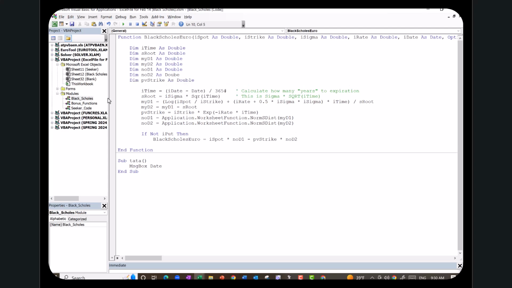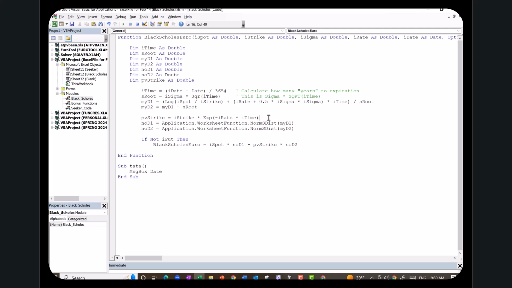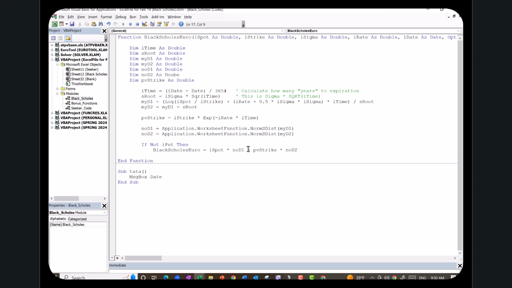I think that's about it. I also like separating stuff. And here's what we're going to do.